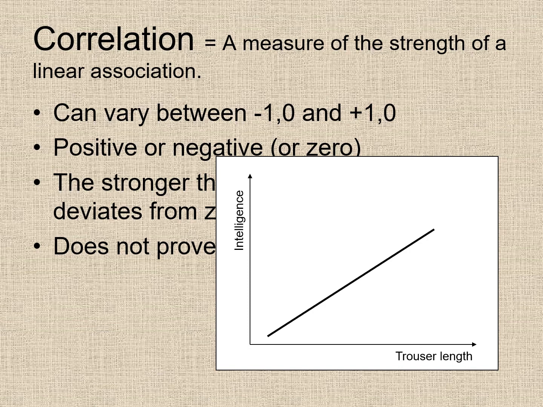If X has a causal effect on Y, it means that if you manipulate X, if you actively change the value on X, this will result in a change on the variable Y. However, I guess nobody thinks it's like this. Nobody probably thinks there's a causal effect of trouser length on IQ. So how come that we still, if we measure the whole population, would observe a positive association between trouser length and IQ?